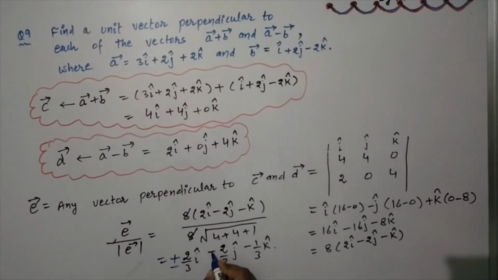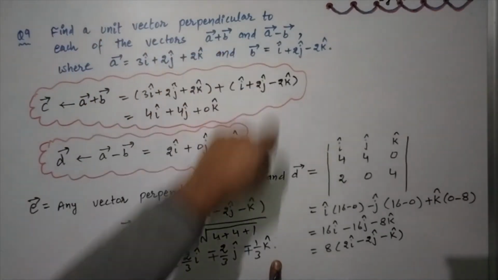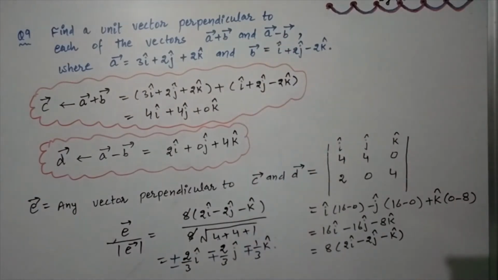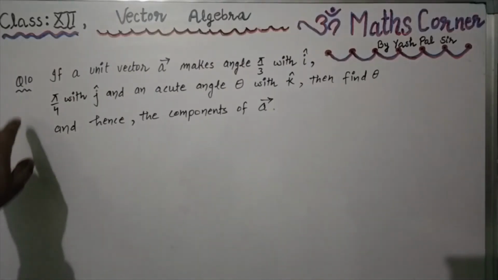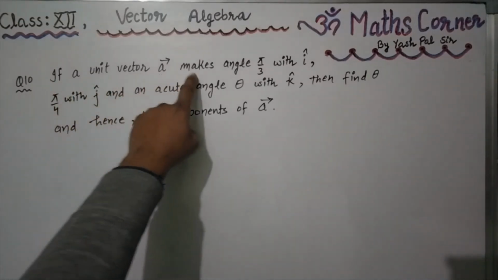So this is the required unit vector. Now one more thing we can do, we can put plus minus here. So both these two vectors are unit vectors which are perpendicular to vector a plus b and vector a minus b. Now next question.